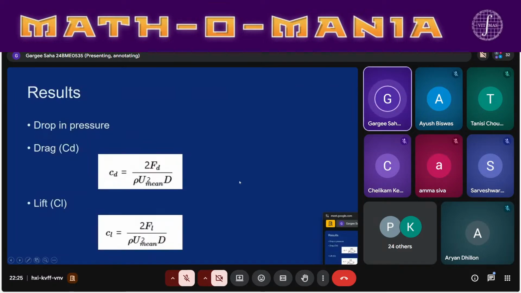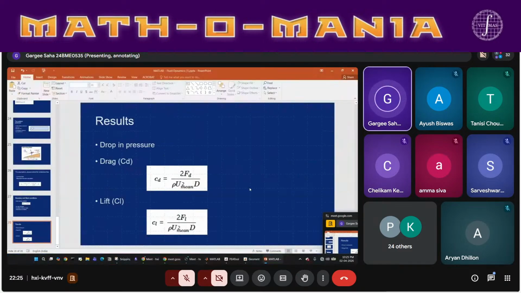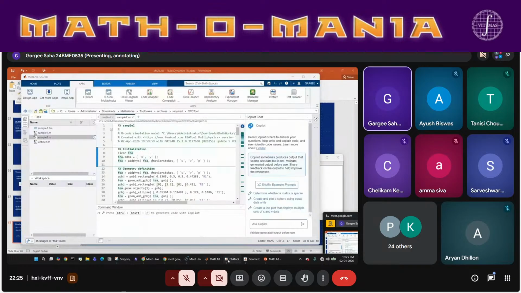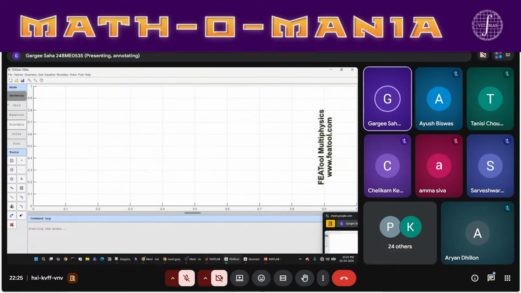So let us now start with the simulation. Okay. So this is the GUI that I was referring to. This basically makes it very easy to start drawing onto the system without actually requiring a lot of code.